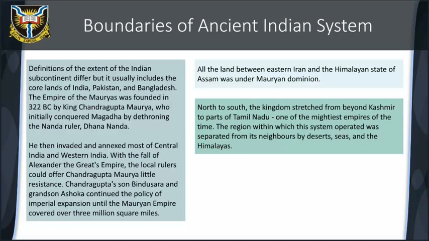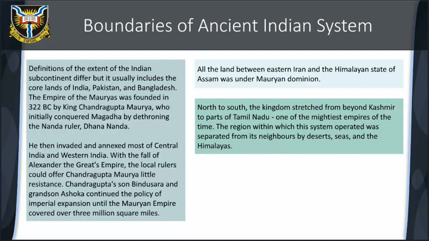Chandragupta's son Bindusara and grandson Asoka continued the policy of imperial expansion until the Maurya Empire covered over 3 million square miles. All the land between eastern Iran and the Himalayan states of Assam was under Mauryan dominion.